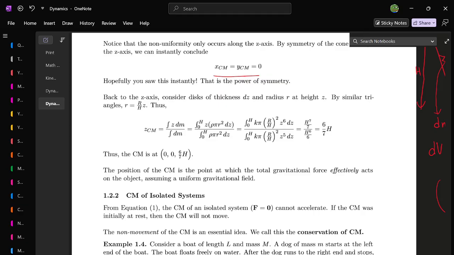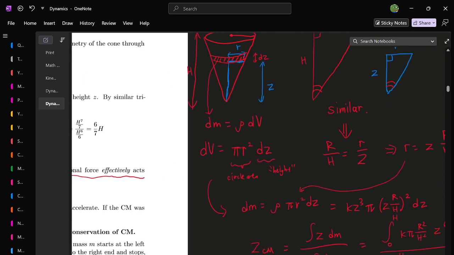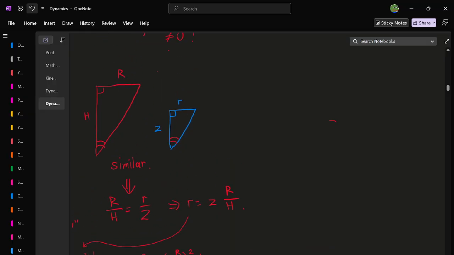So why is finding the CM important for this case? Because the position of the CM is the point where the total gravitational force effectively acts. This is important because we are looking at the total gravitational force. For the cone here, if we know the total mass of the cone, which you can find as well, you can show that for analyzing forces, the total gravitational force effectively acts at this position of the CM.